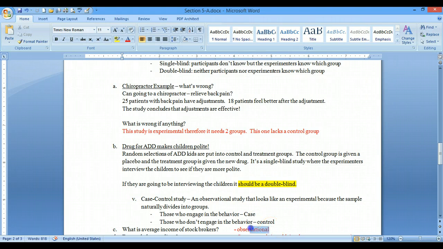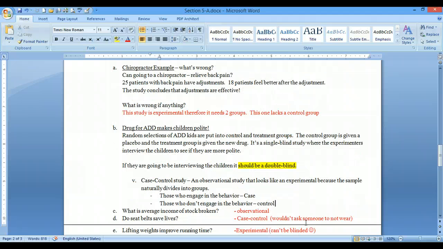And I was going to take these out. What is the average income of stockbrokers? This is just observational. We aren't going to do anything experimental in finding out the average income. Ignore the answer on the next one that I'm going to scroll down to. Do seatbelts save lives? Am I going to do an experimental study on seatbelts? Absolutely not.